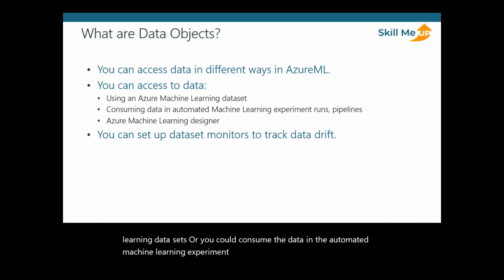And in the latest version of Azure machine learning, you can set up dataset monitors that will track how the data has changed over time. For example, we're very familiar with the fact that data changes over time. It lives in a very fluid and dynamic environment. So with that in mind, you can set up dataset monitors to help you to track data drift.